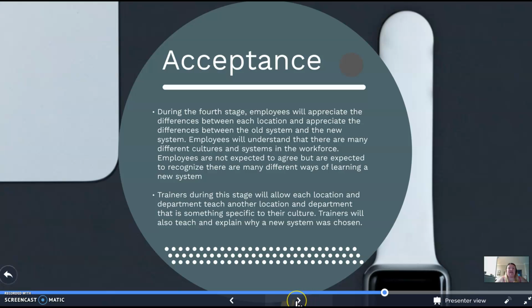Employees are not expected to agree, but they are expected to recognize that there are many different ways of learning a new system and many different ways that each culture interacts. Trainers during this stage will allow each location and department to teach another location and department something specific to their culture. Trainers will also explain why we chose a new system and how this new system can help us in the workforce.